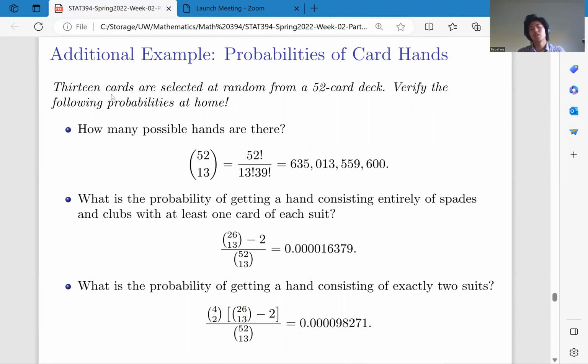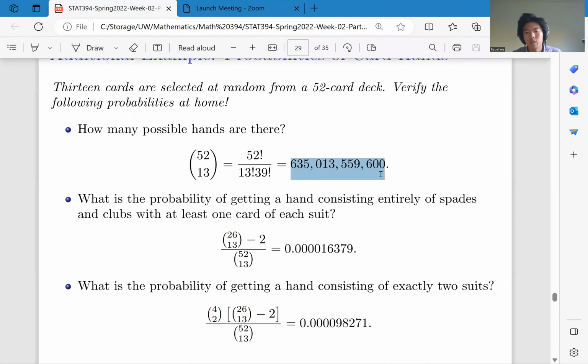This is asking for the possible cases of choosing 13 cards from a 52 card deck. This seems to be the cardinality of the sample space, which is 52 choose 13. And after calculating with a calculator or software, we get this large number for 52 choose 13.